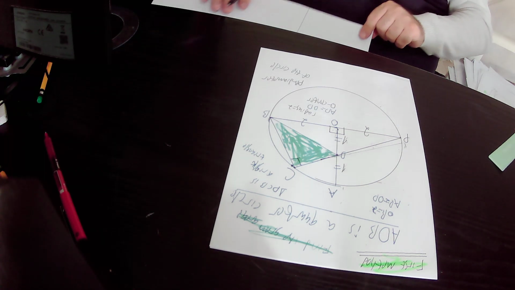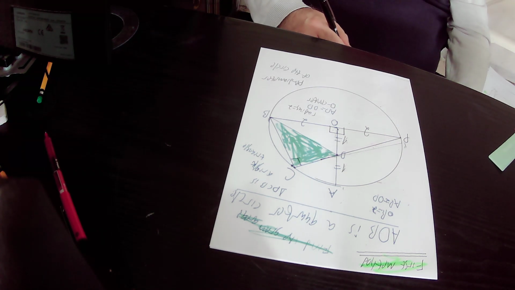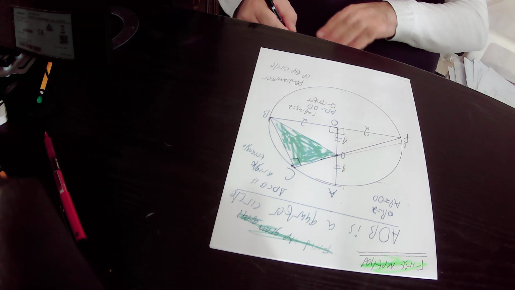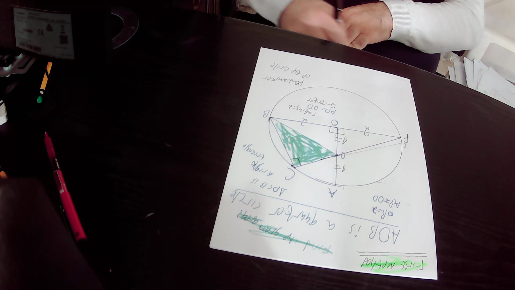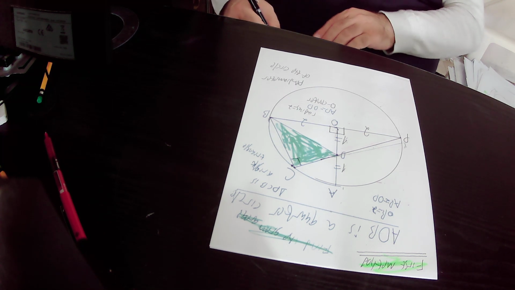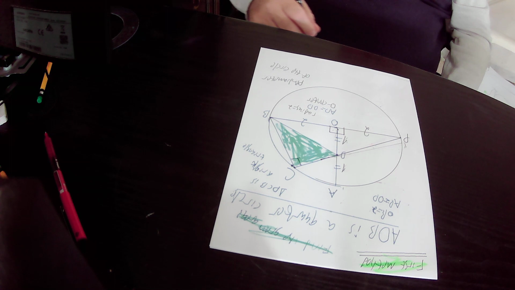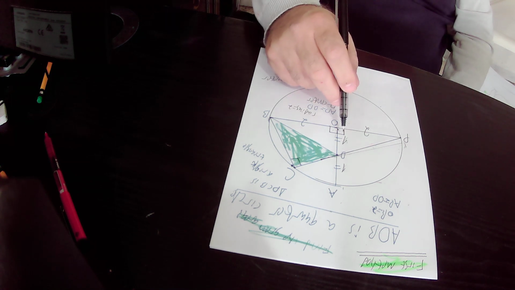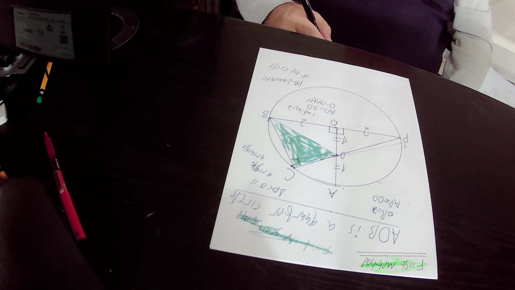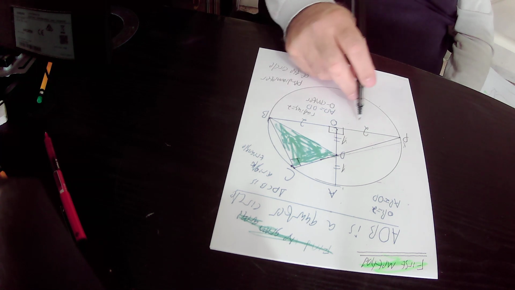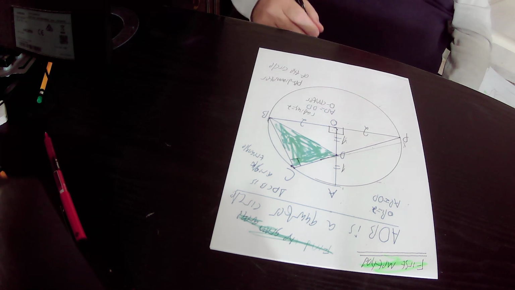So PD square equals DO square. DO equals 1, so DO square is 1 square, that is 1, plus PO square. PO equals 2, therefore PO square is 2 square, that is 4.